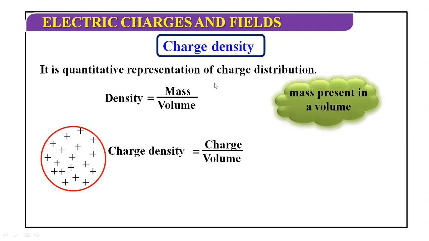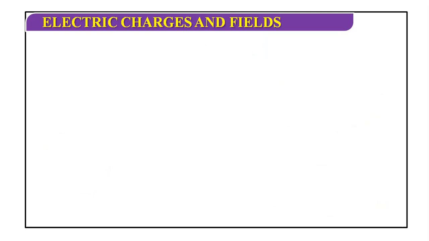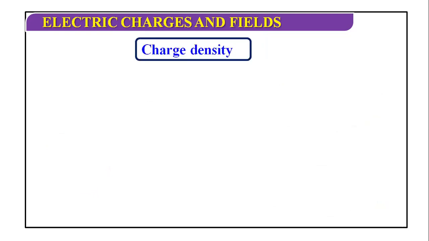So how the mass is distributed, that is defined in terms of mass density. But how the charge is distributed, that is defined in terms of charge density. So charge density means charge upon volume. So charge present in any volume, that is charge density.